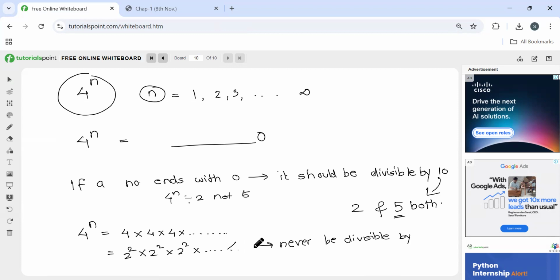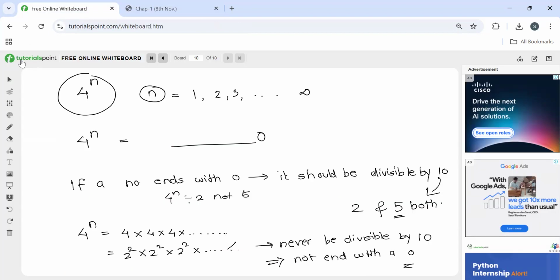If it has to be divisible by 10, it has to be divisible by 2 and 5 both. It is divisible by 2 but not divisible by 5. Hence, it will not be divisible by 10, which means it will not end with a 0. I hope you understood.